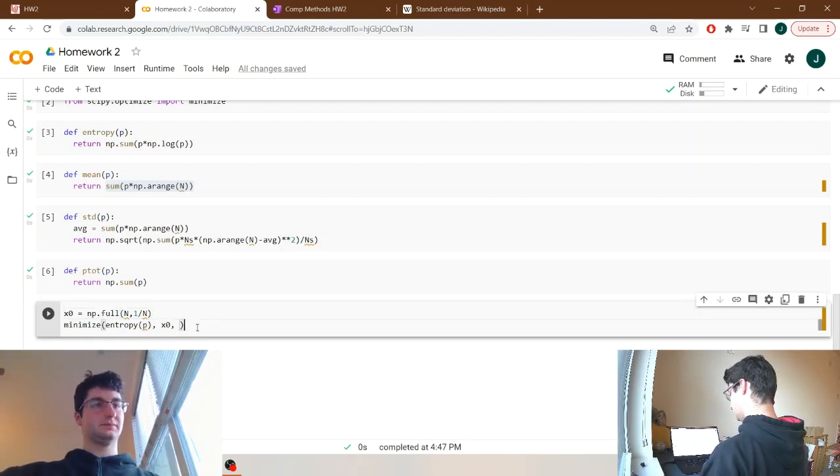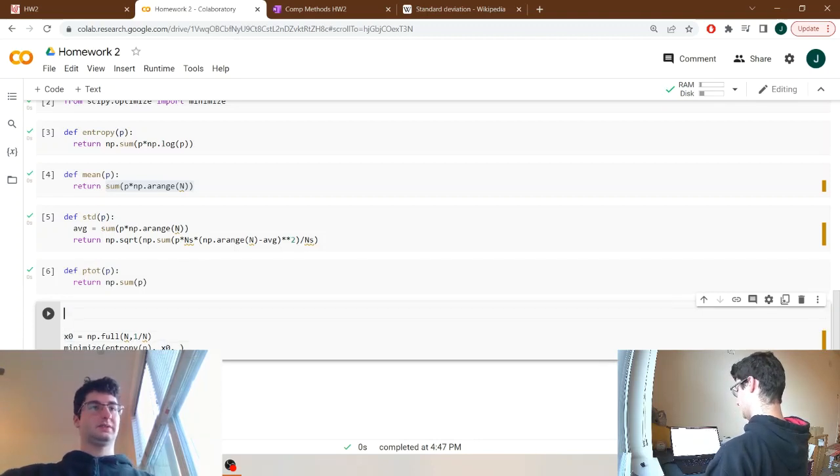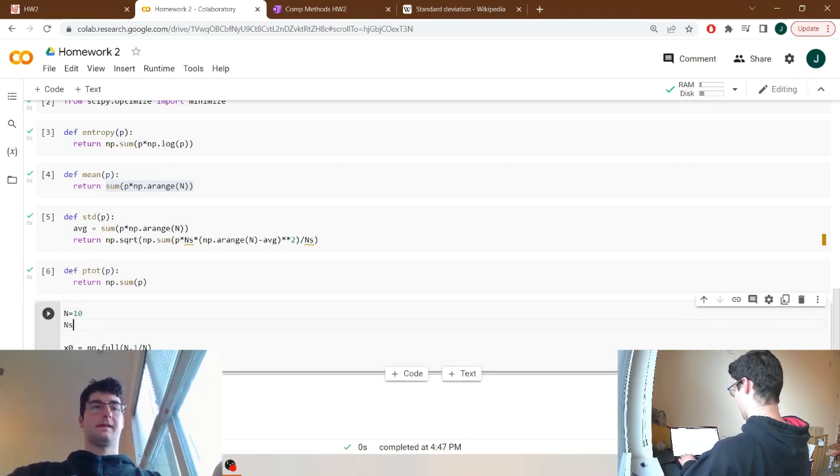But now we have to define what n is. So say n equals 10. So that just means our interval is 10. Then the number of samples, so basically how many students we have, let's do 100.